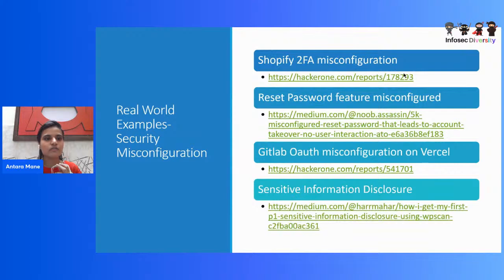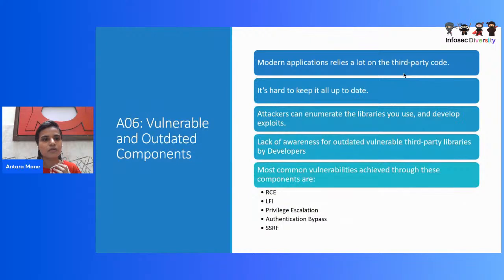Real world examples for security misconfiguration: Shopify 2FA misconfiguration, reset password feature misconfigured, GitHub auth misconfigured on record sensitive information disclosure. Let's move on to the next vulnerability, that is vulnerable and outdated components.